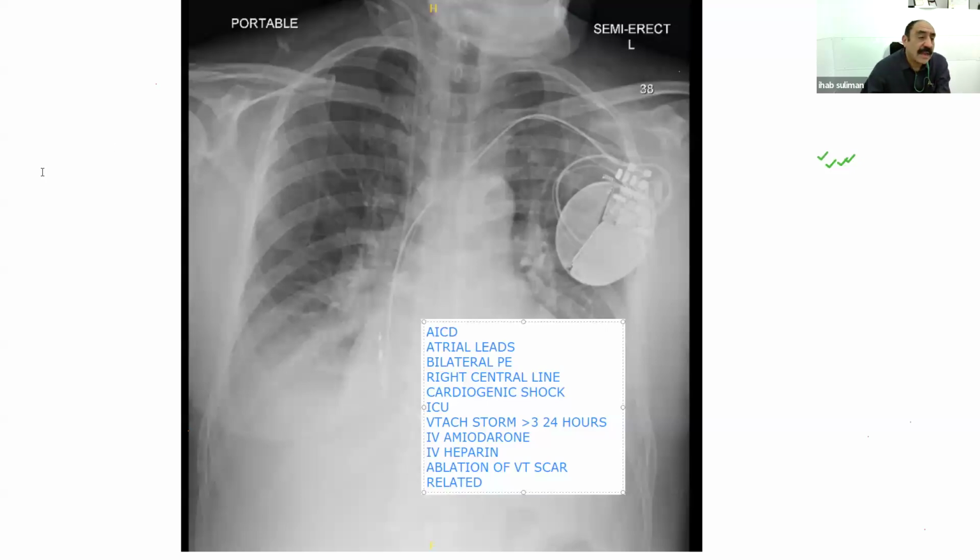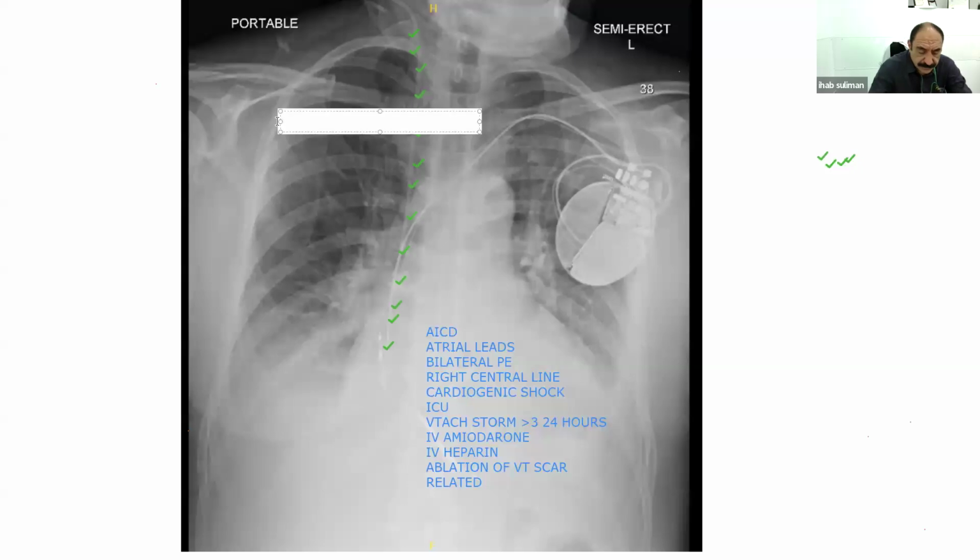And this is the central line. Usually when we have a patient in ICU and he's in cardiogenic shock, we will put a central line so as to facilitate giving the inotropes.